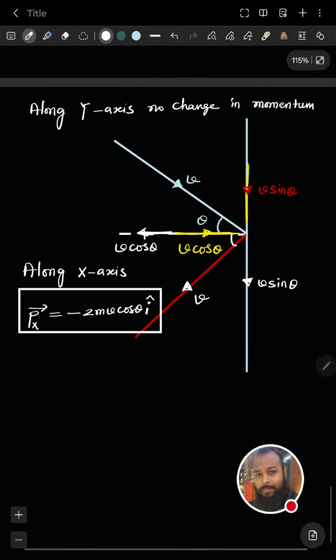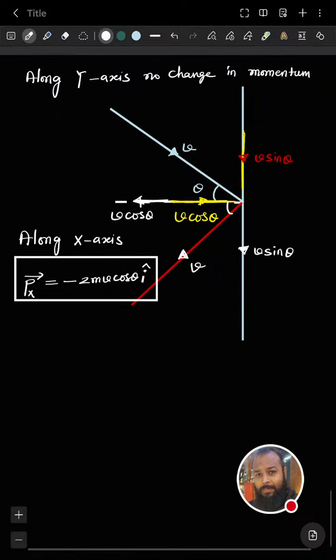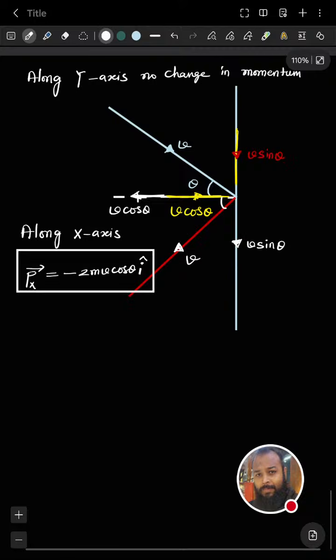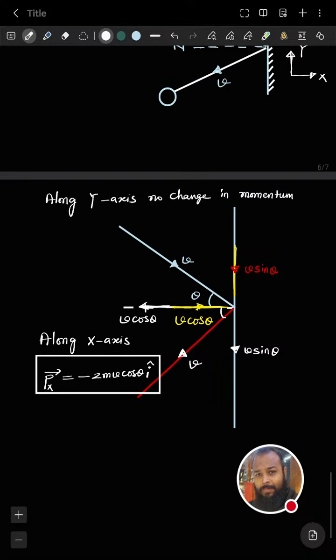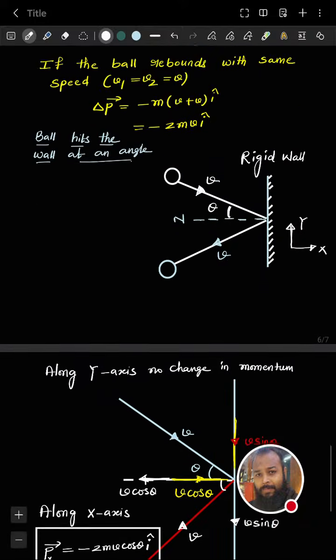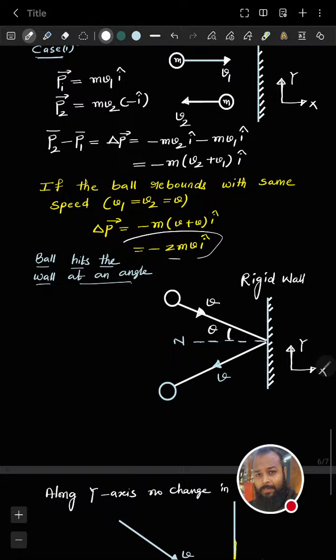Now, minus j. You think why it is minus? Because here also you got minus. Why you got minus here?